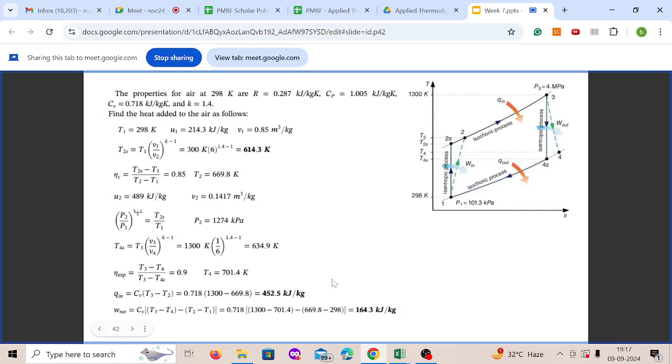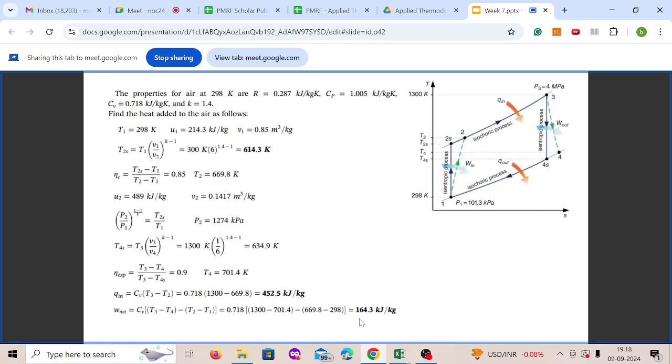So we know T4. So Q in is nothing but CV into T3 minus T2, which is 0.718 into 1300 minus 669.8, which is 452.5 kilojoule per kg, and W net is Q in minus Q out, so CV into T3 minus T2 minus T4 minus T1, with 0.718.